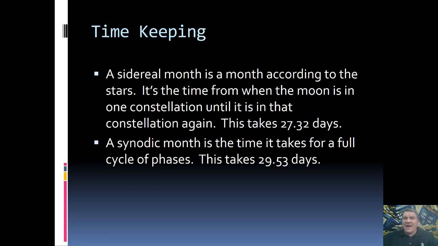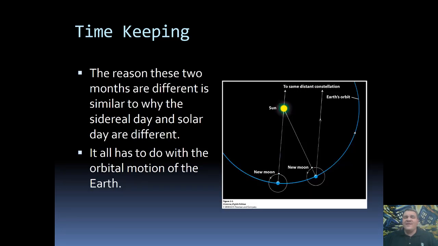Now, if you remember back, we mentioned that a solar day was slightly longer than a sidereal day. A sidereal day is 4 minutes shorter than a solar day. Okay, we actually have a similar thing happening here, where they're not in sync. And it turns out that it's actually for the same reason. So as the moon orbits around the Earth, the Earth moves around the sun.